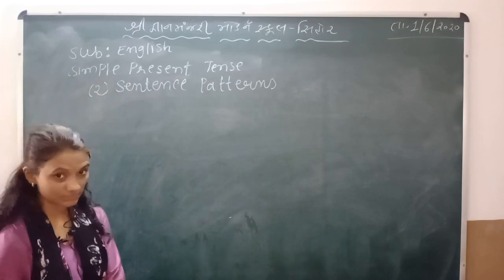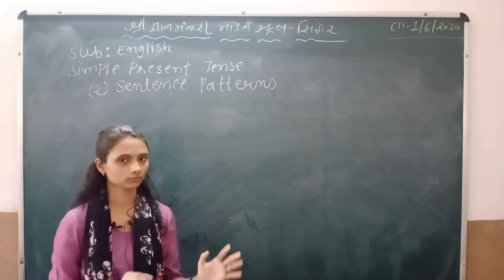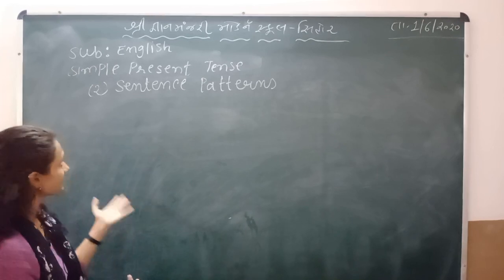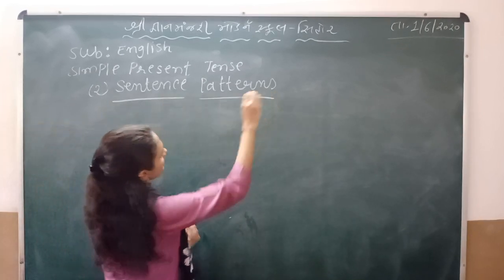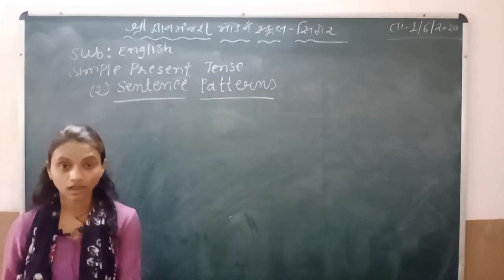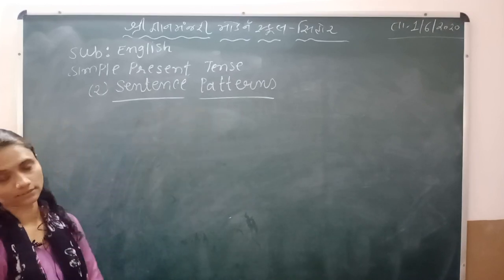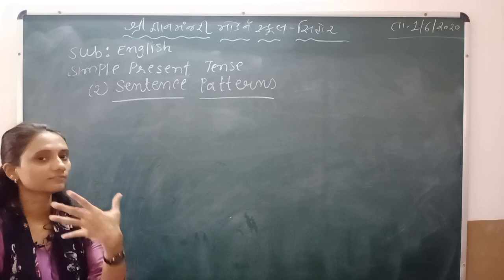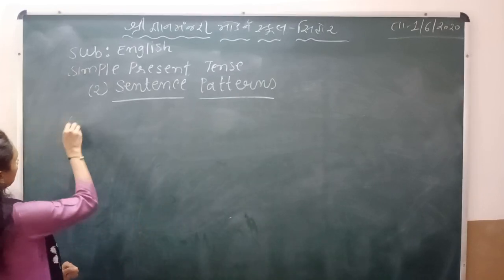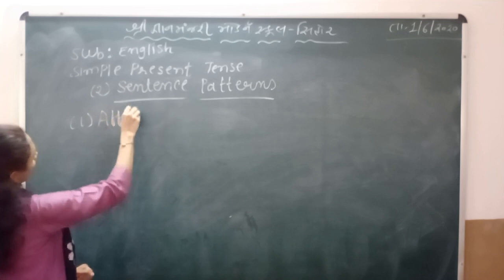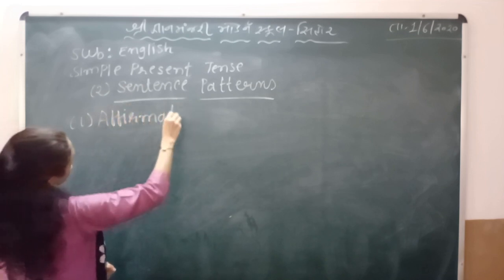We have done usages, and now you all know about the use of simple present tense. But now what next? The next is sentence patterns. How can we make a sentence in simple present tense? There are 4 types of sentence pattern. First, it is the affirmative sentence pattern.